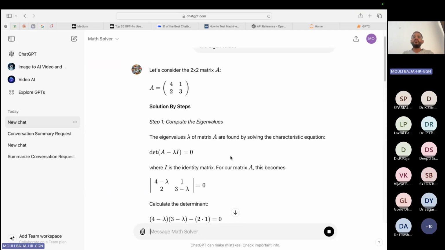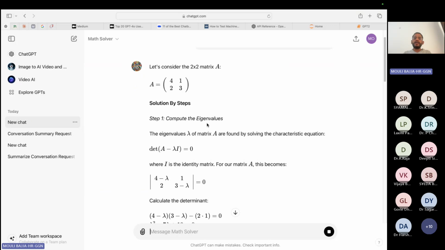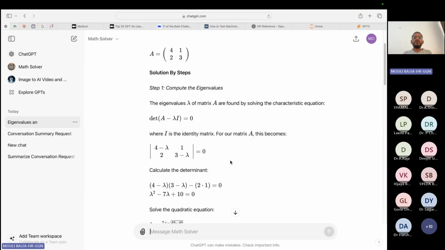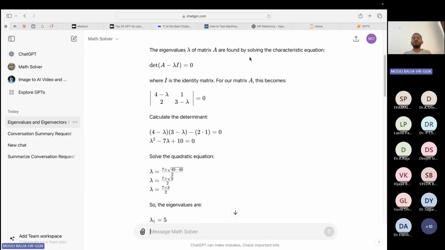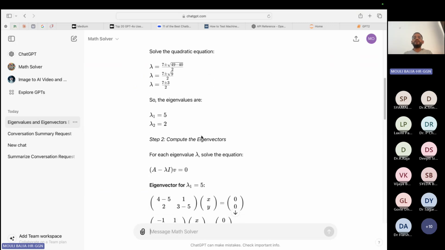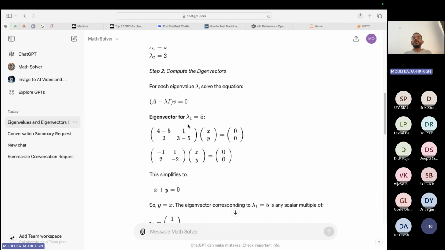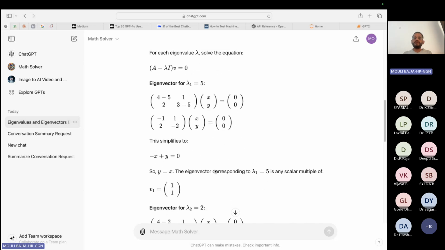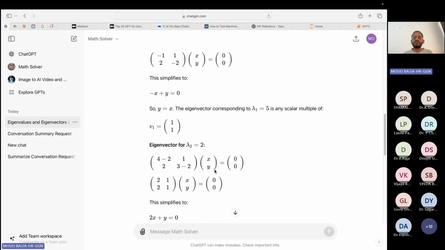So the steps that it followed, okay, I'll compute eigenvalues first, and then there is the identity matrix. Then the determinant is computed. Then the eigenvalues are defined. Now the next is eigenvectors. So there are steps that are followed for eigenvectors.